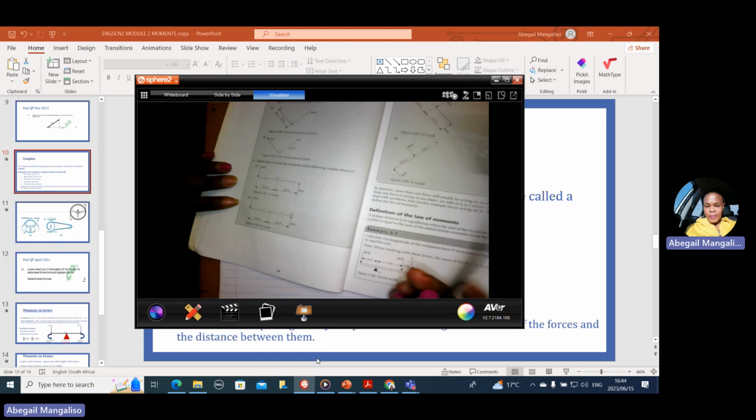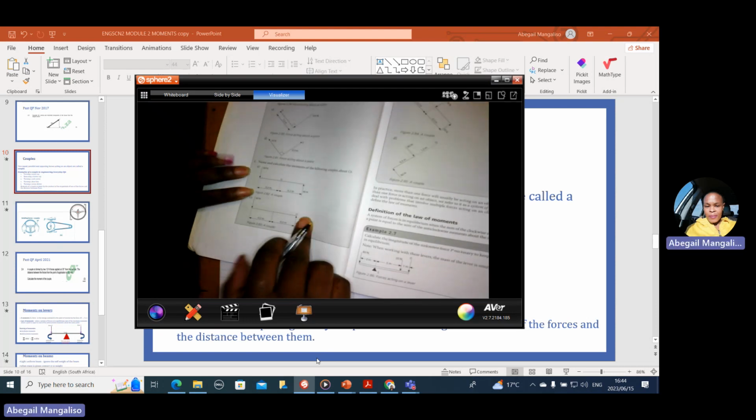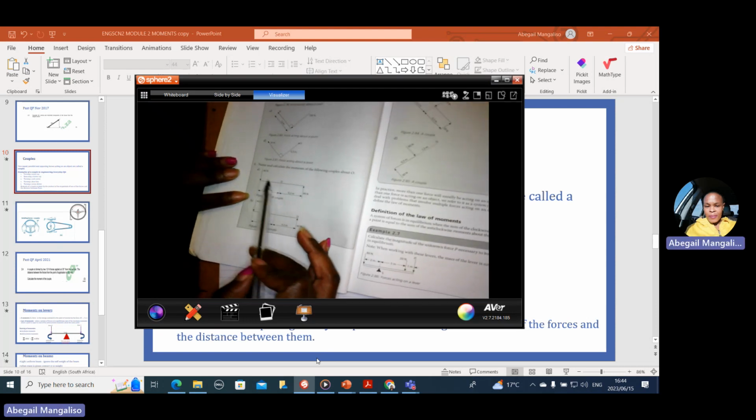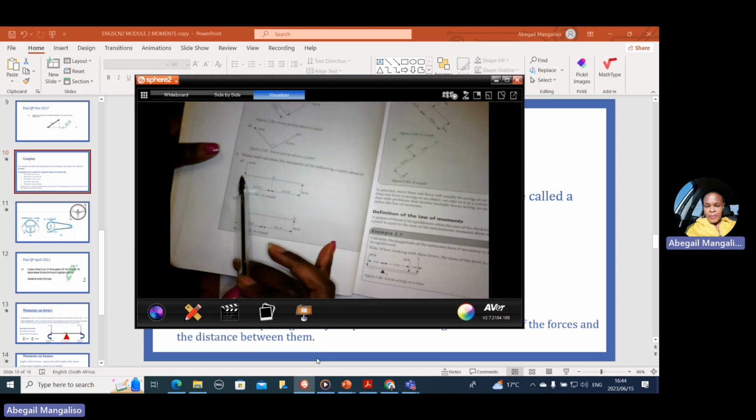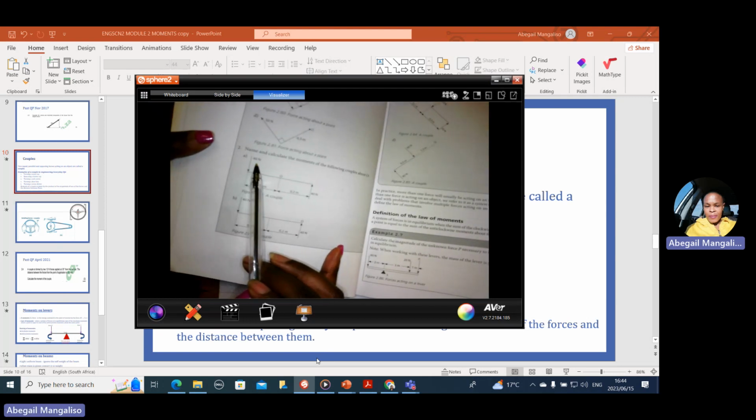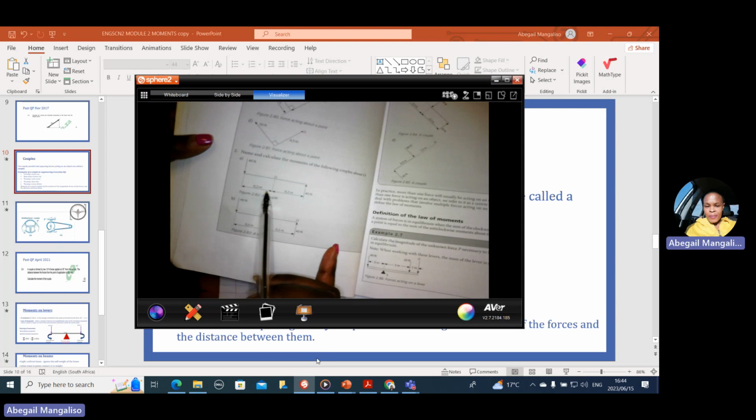The first activity, 2A, you are given a force of 40 newtons. This is 40. Distance is 0,2, 0,2, and that is 40.